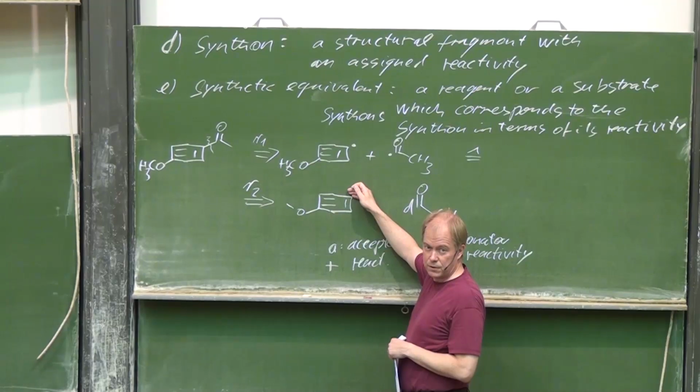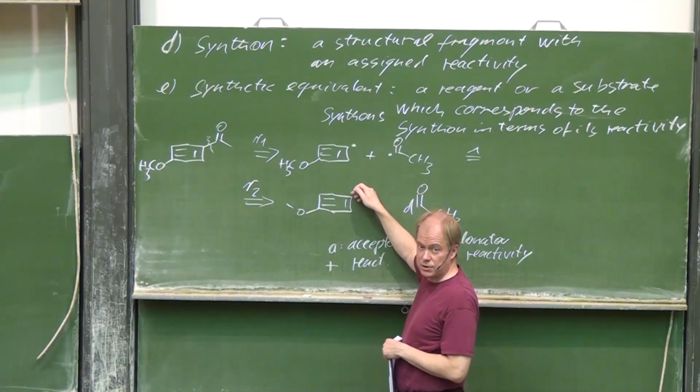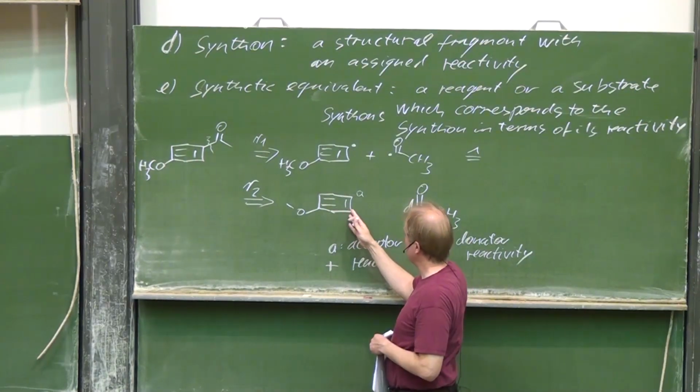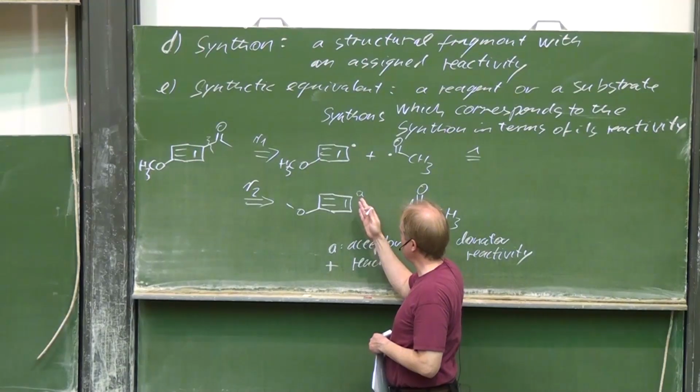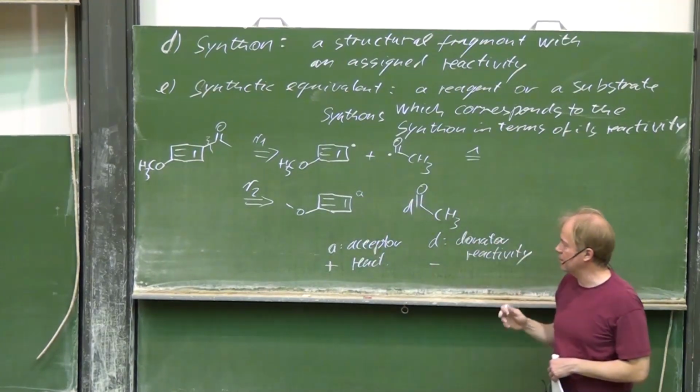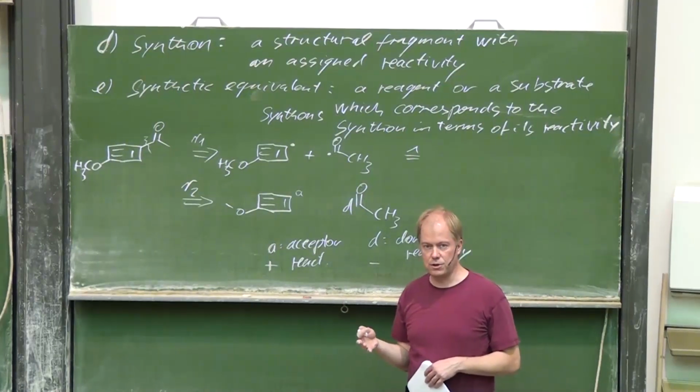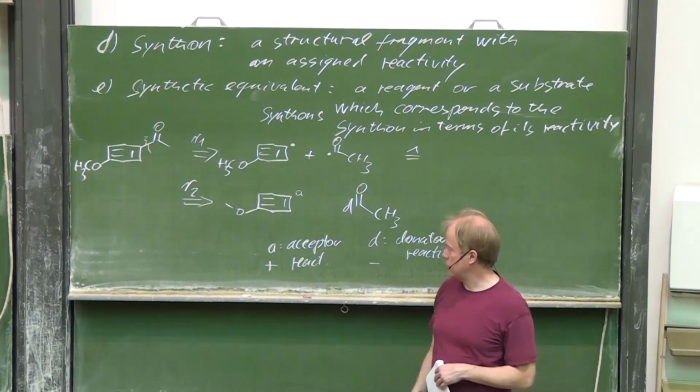That means we have relatively high electron density in the para position. So, the natural reactivity of this structure is donator reactivity at the para position. So, this disconnection is again not a good idea, because we have designed in this case the opposite reactivity of the natural reactivity of these partial structures.